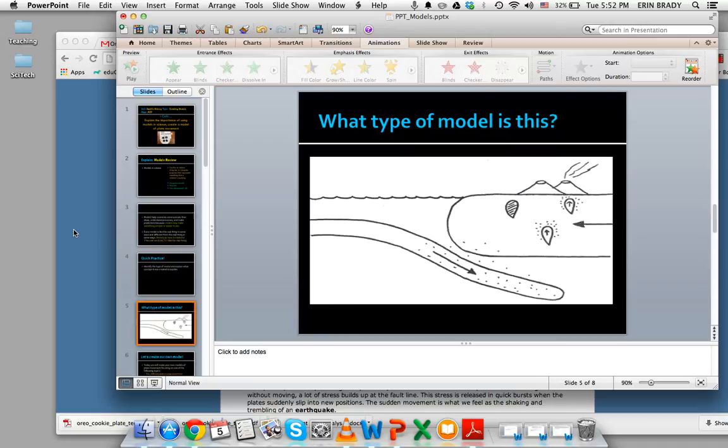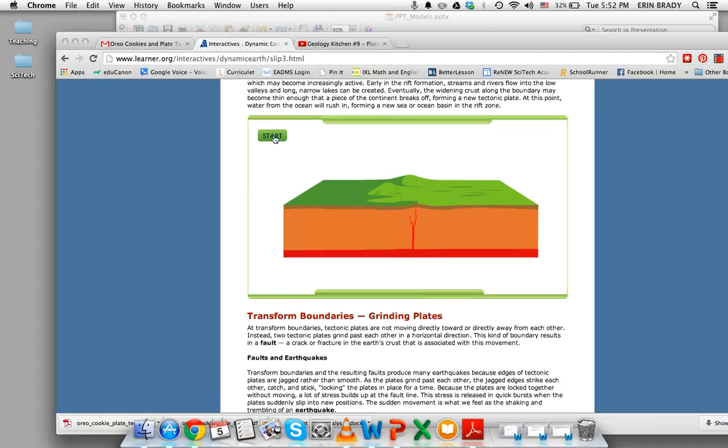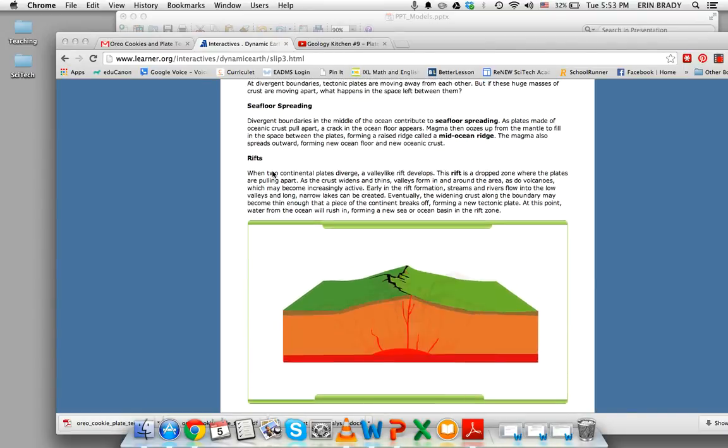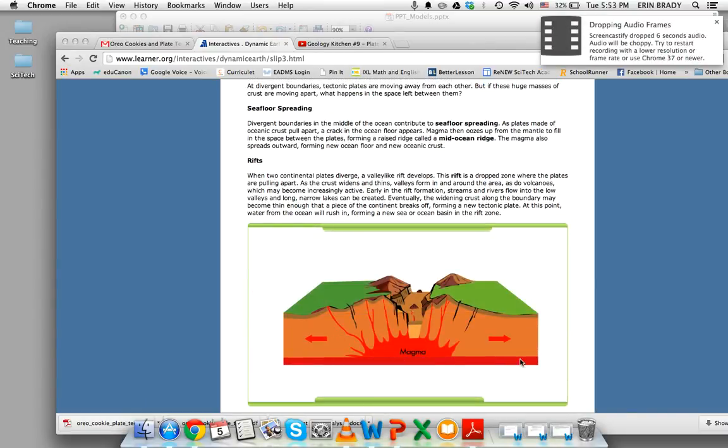All right, let's look at a different model. How about this model? What is this model showing us?